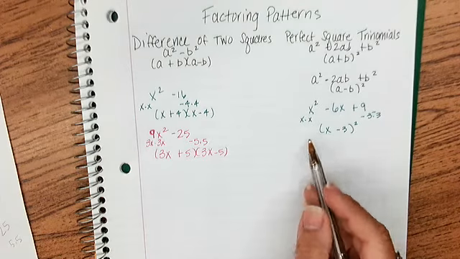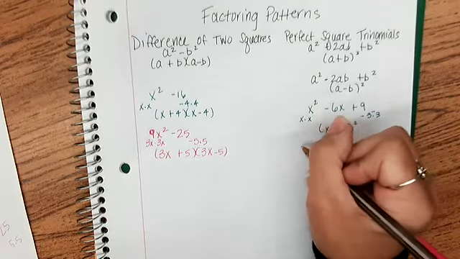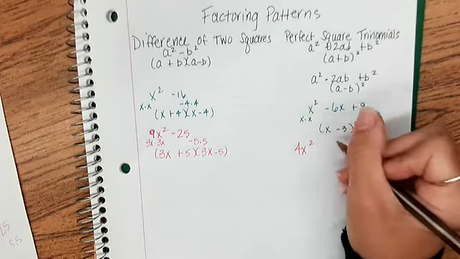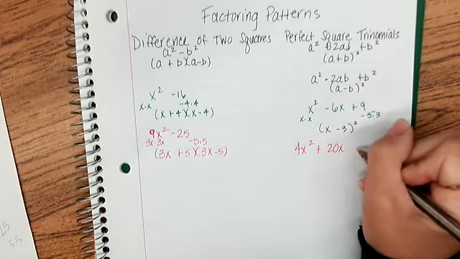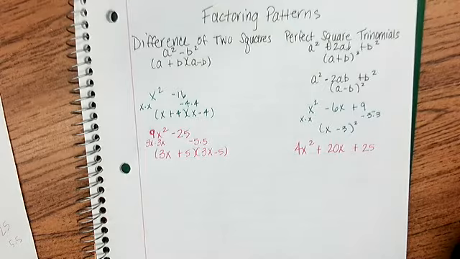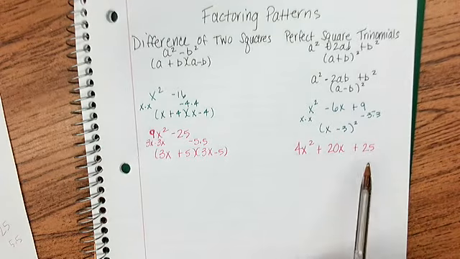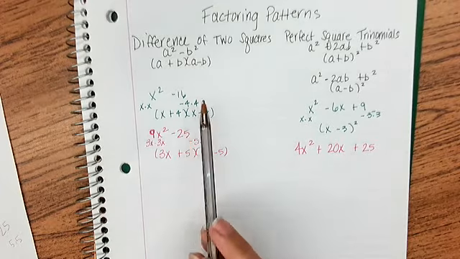You could have a coefficient for perfect square trinomials as well. So let's say I gave you 4x squared plus 20x plus 25. The hint to you should be when you see the 4 and the 25, or when you see 9 and 25, or 16.